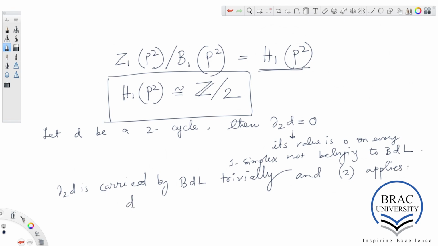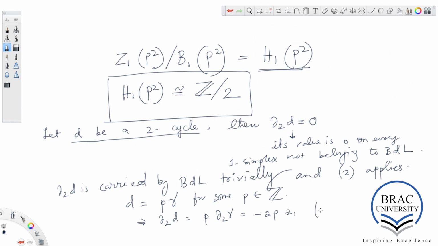So it means that the two cycle that we started with is a multiple of gamma for some p in the set of integers. It means that del 2D is equal to p del 2 gamma, and we found earlier that del 2 gamma is minus 2 Z1 from equation 17. So this is equal to minus 2p Z1.